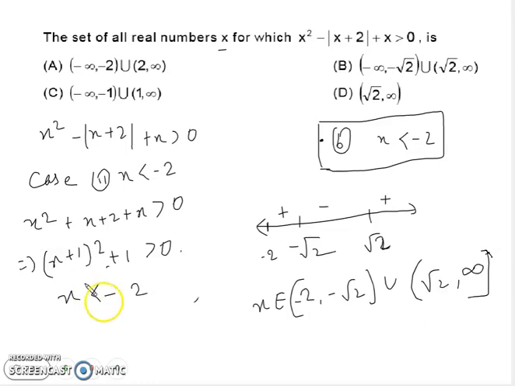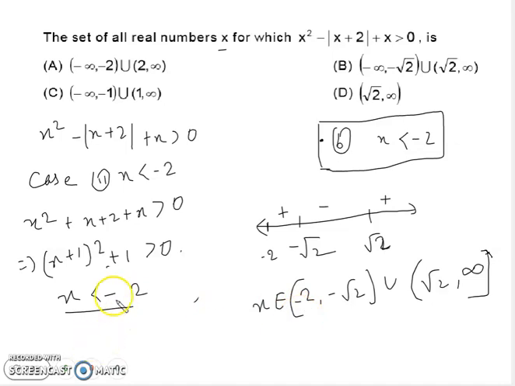When we take the union of both ranges, x is less than minus 2 from the second case, and x belongs to minus 2 to minus root 2, union root 2 to infinity, from the first case.